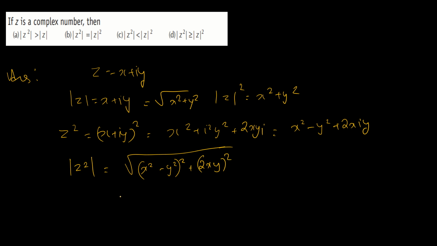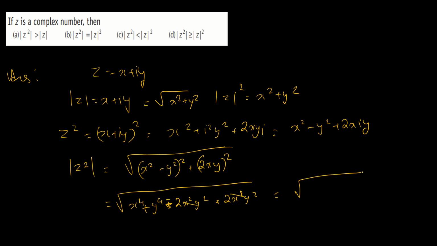Let's expand the brackets inside the root: x raised to 4 plus y raised to 4 minus 2x square y square, plus 4x square y square. We can cancel off terms. Sorry, it's not 2, it's 4 here. What is 4 minus 2?